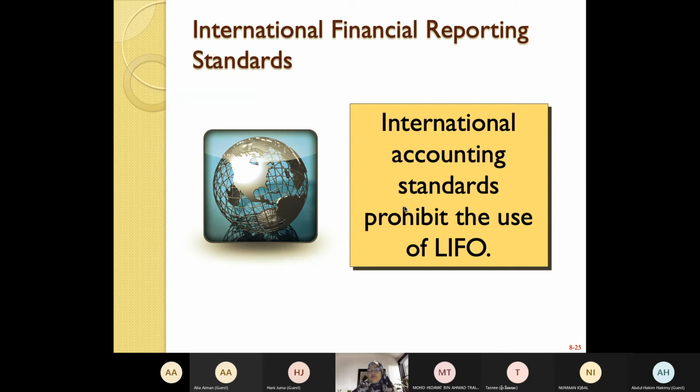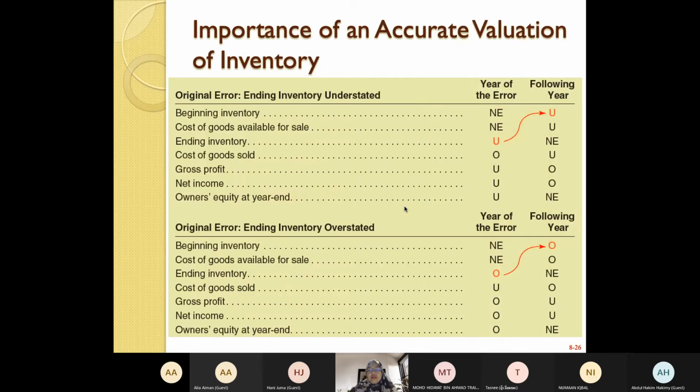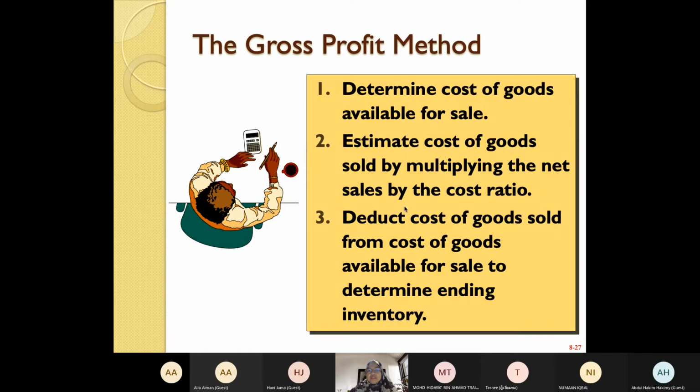So we have just now seen FIFO and LIFO. Most companies normally use FIFO because the International Accounting Standards prohibit the use of LIFO. But you must know what LIFO is because you have to make a comparison between FIFO and LIFO.